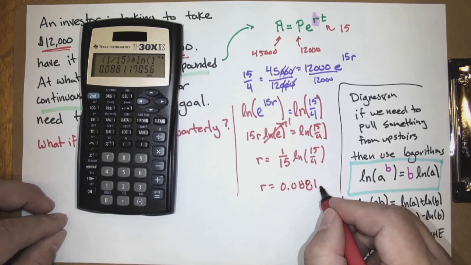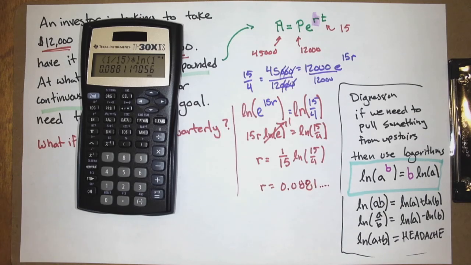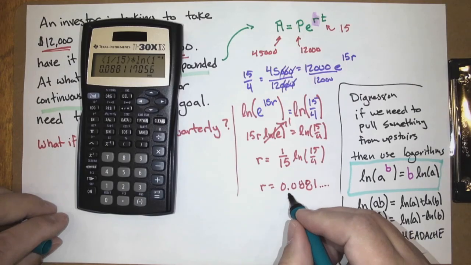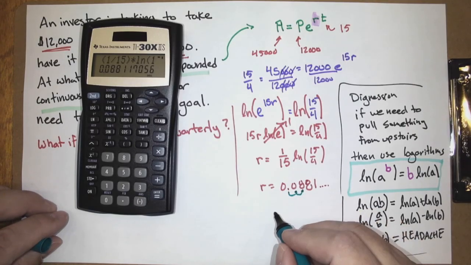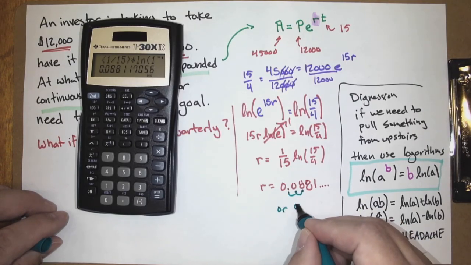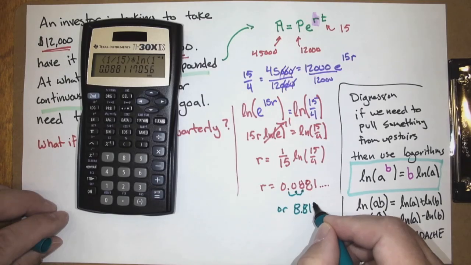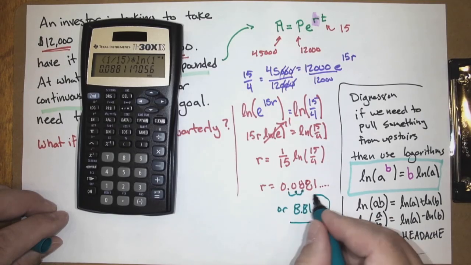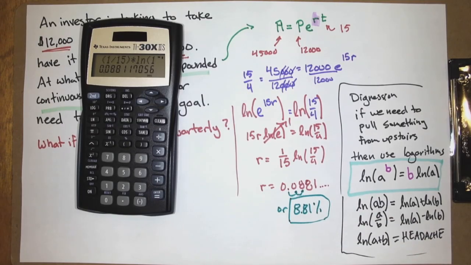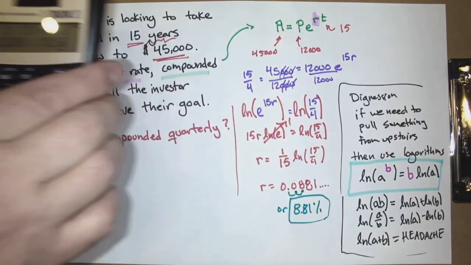And pay attention to the problems. It'll oftentimes say use 2 digits or 3 digits. Now, if we wanted to convert this to a percentage, we have to move over 2 digits. So this is 8.81%. So essentially, that's what we're looking for. That's our rate of return, if we're compounding continuously.